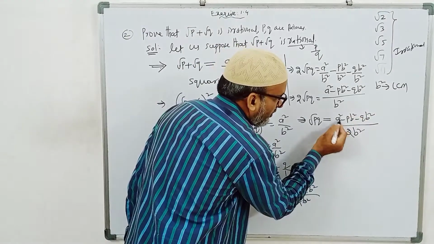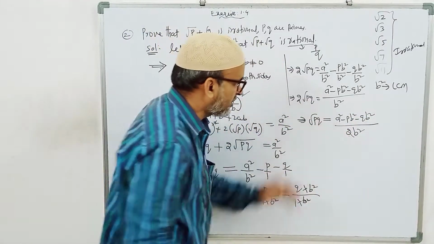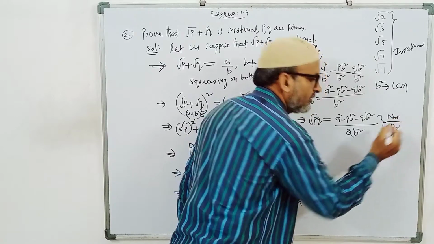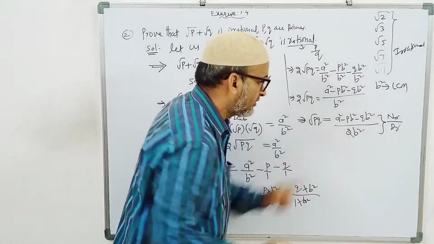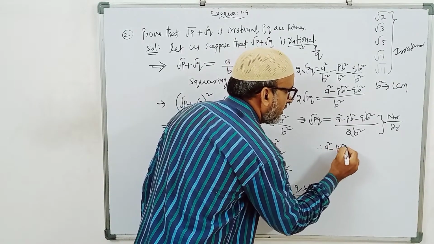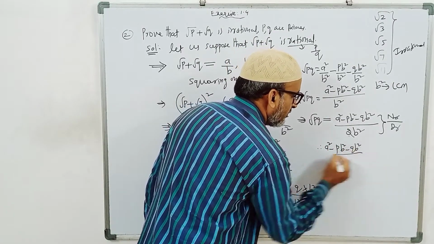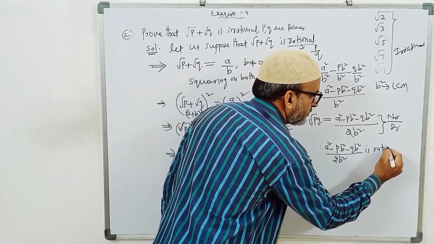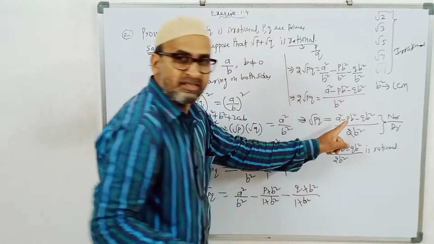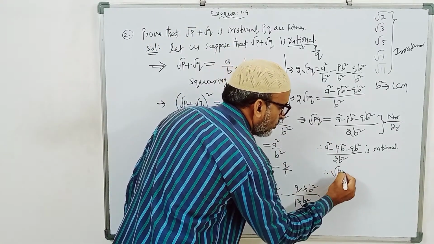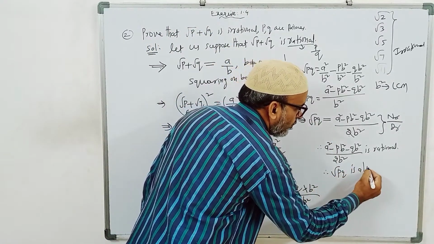Now it is in the form of numerator by denominator, a fraction. Therefore A square minus P B square minus Q B square by 2B square is rational. This means root of PQ is rational.